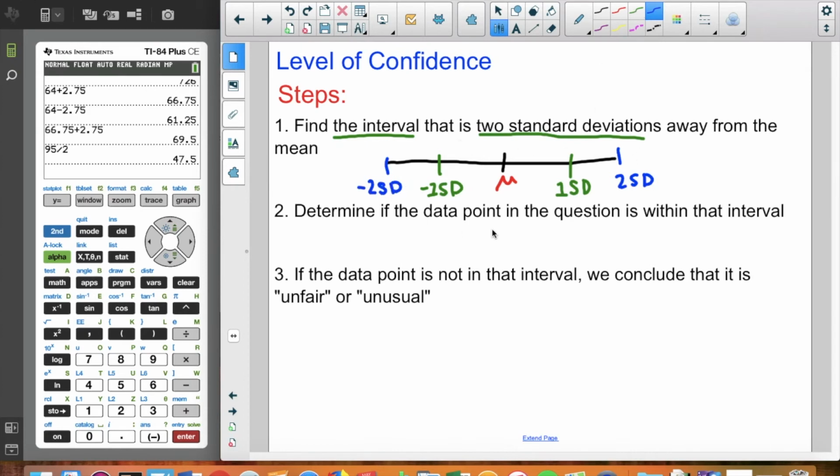So you find this interval. Now, you determine if your data point is within that interval. If it is not in the interval, you conclude that it is unfair or unusual because it's outside the 95%.